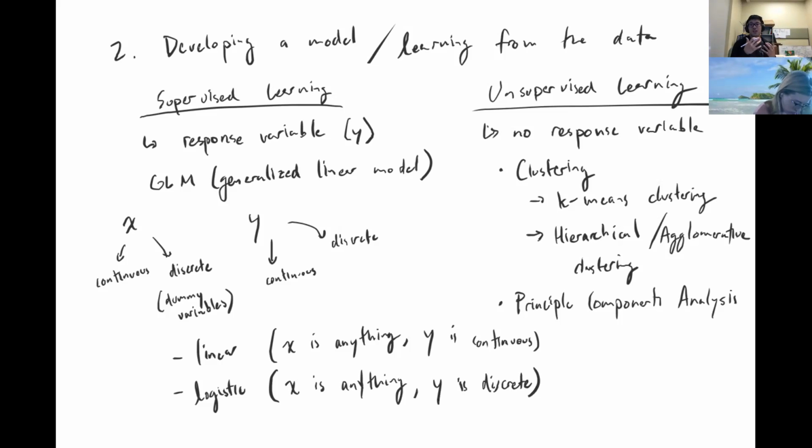Within the GLM framework, there are also a couple of other details, right? So how is your Y distributed? In the continuous case, a lot of the time we assume that it's normal, and in the discrete case, if you have two outcomes, that could be just a binomial distribution.